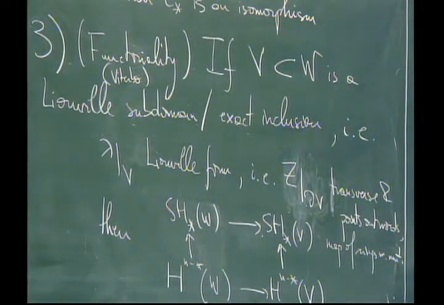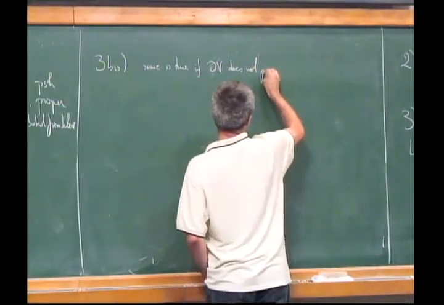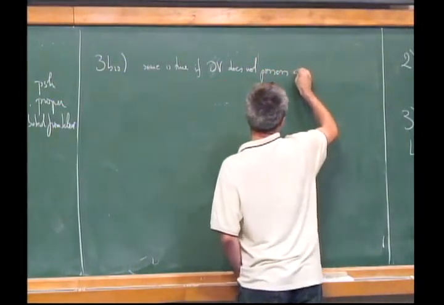So, addendum to the third property, 3 bis. Same is true if the boundary of V does not possess any closed characteristic.